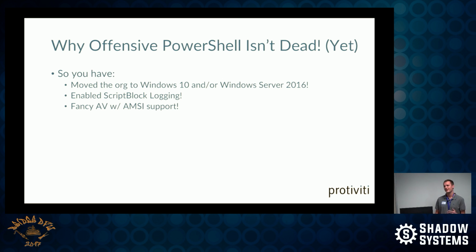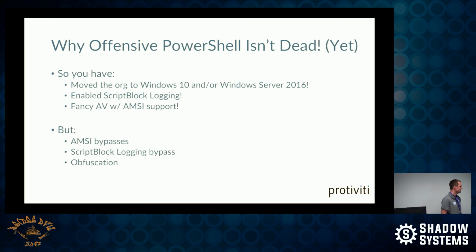Well, to be clear, they are miles ahead of most organizations and definitely have a head start. But this organization is not necessarily safe from PowerShell threats yet. There are working AMSI bypasses in PowerShell, working script block logging bypasses, and attackers can use obfuscation to get around some of the signatures that defenders are looking for in their AV signatures or in logs.